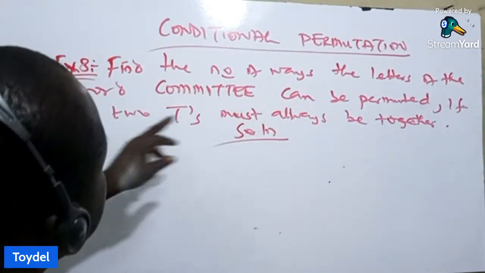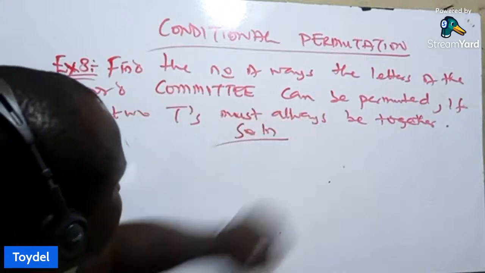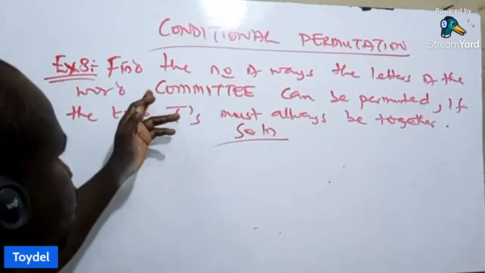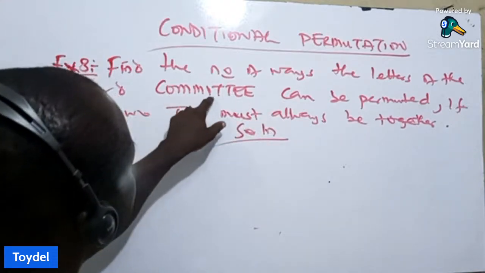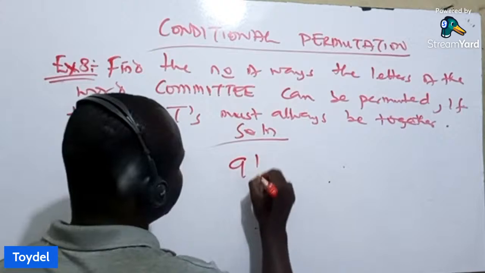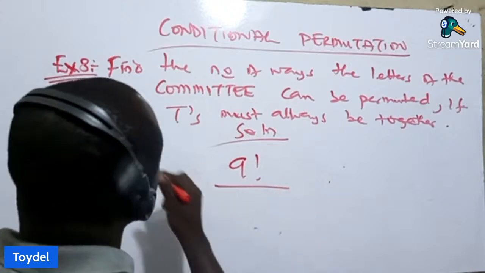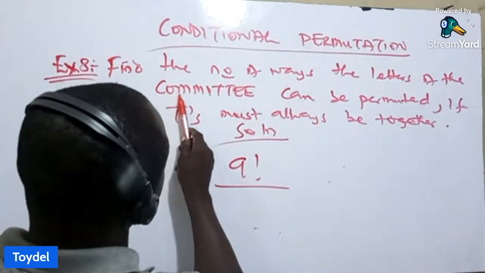If we are to find the number of ways the letters of this word committee can be permuted, of course we know what to do. We are going to add everything together. That will be 1, 2, 3, 4, 5, 6, 7, 8, 9. So the number of ways of the permutation will be 9 factorial all over. We now count the letters that are repeated. There's 1 C. How many M?